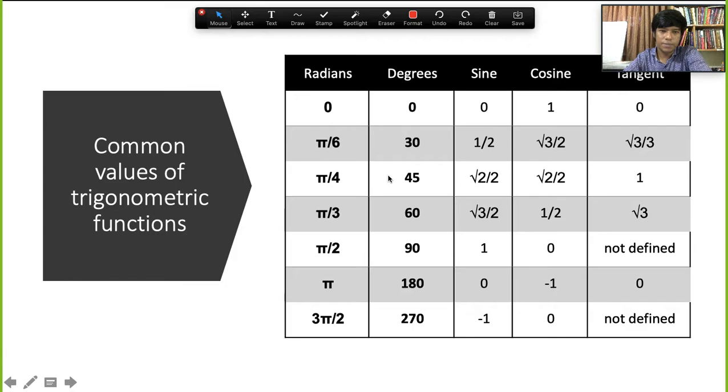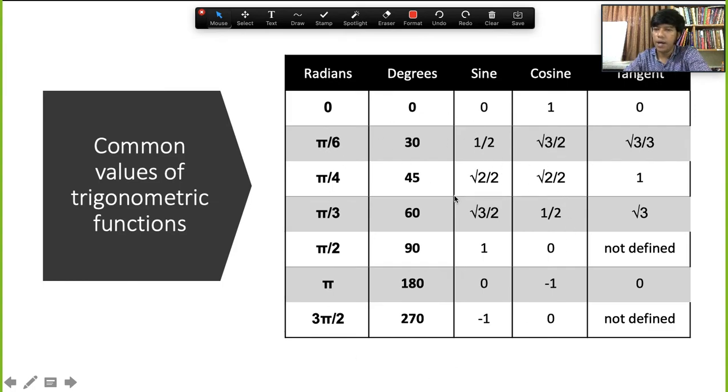These are some standard, commonly used values of sine, cosine, and tan. Like sine 30 degrees is 1 by 2, and cosine 30 degrees is root 3 by 2, etcetera. In a future class, I will show you how these values come, why it becomes 1 by 2, why it becomes root 3 by 2.